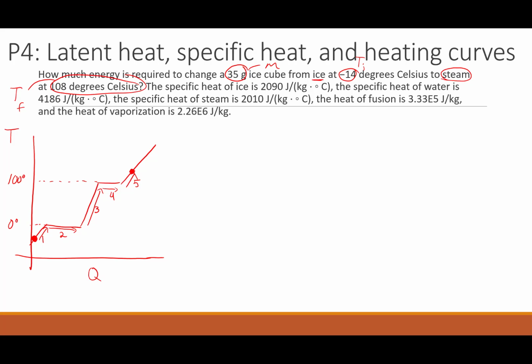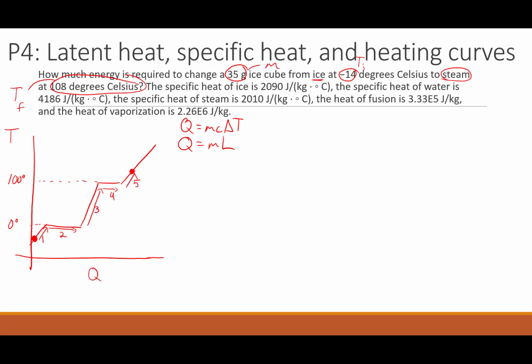Now we know the equation for increasing temperature is Q equals mc delta T. So that's going to cover sections 1, 3, and 5. And we know the equation for phase change is Q equals mL. So that's going to cover sections 2 and 4, the two phase changes. All we're going to need to do is add up all of those heats from those 5 sections, and we'll get the total heat. Okay.